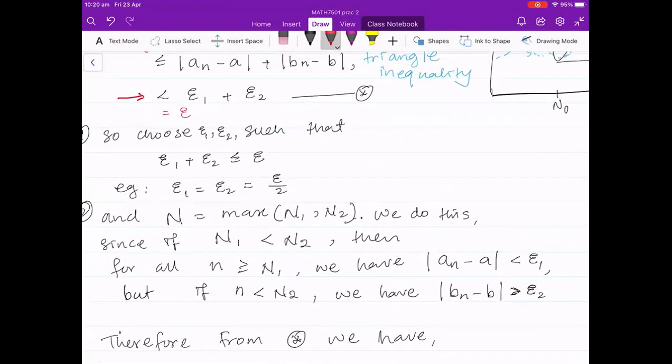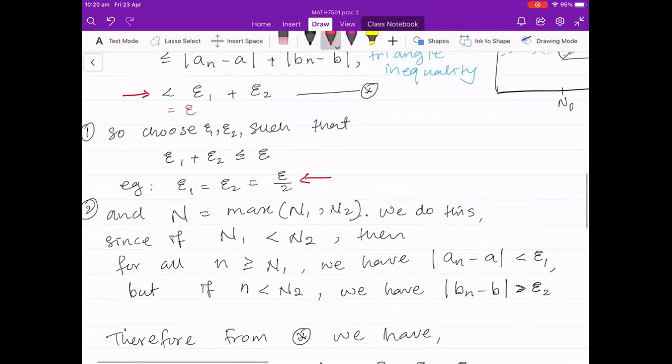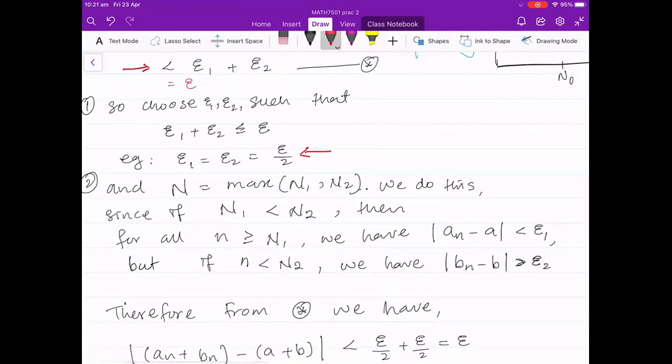This is just one choice. There could be others. And choose n to be the maximum of n1 and n2.